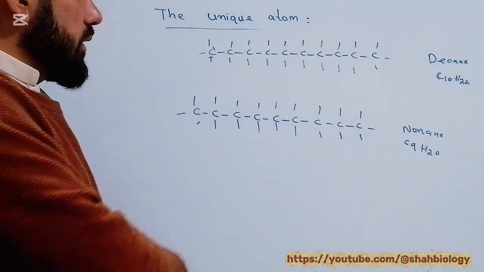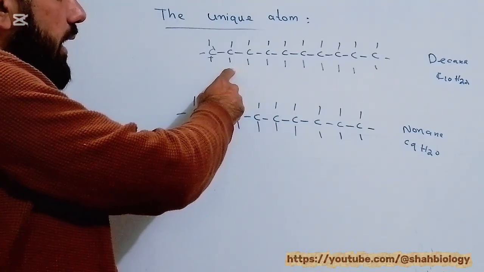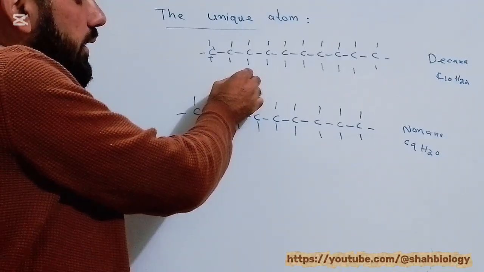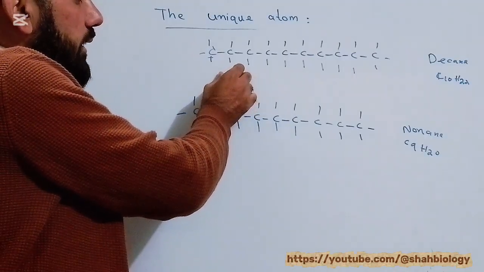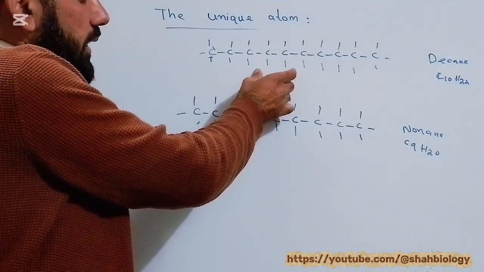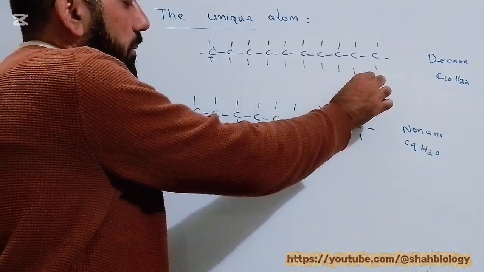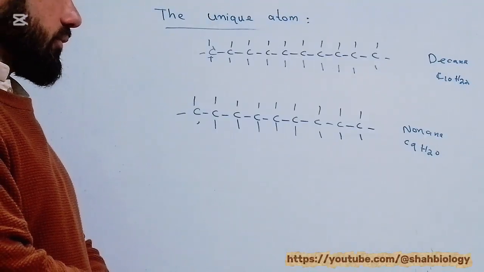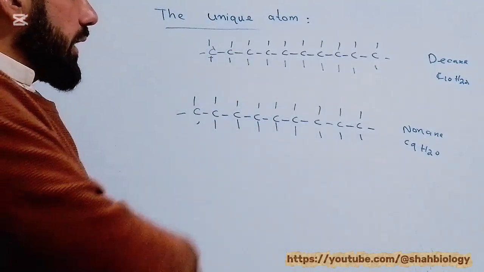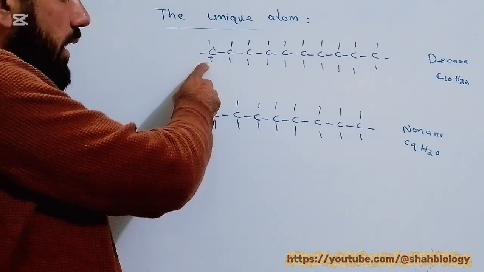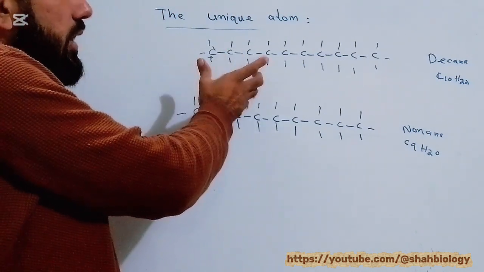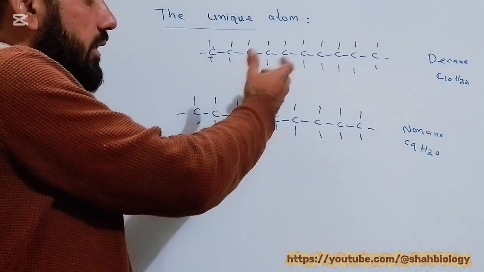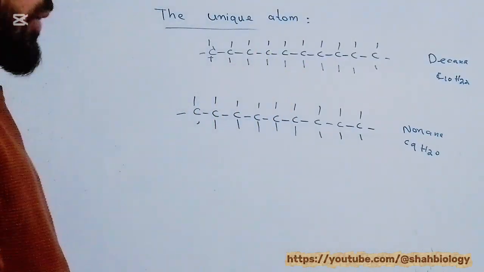Plus, carbon shows catenation, meaning it can link with each other in a long fashion. And carbon atoms have the ability to form single bonds plus double bonds and triple bonds. We will study it.